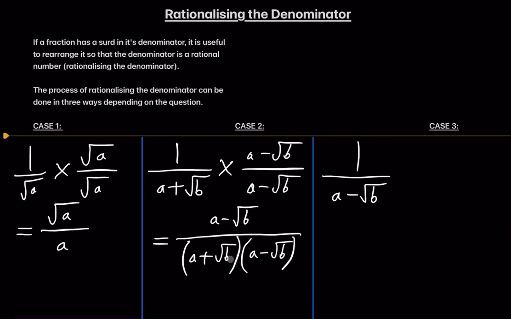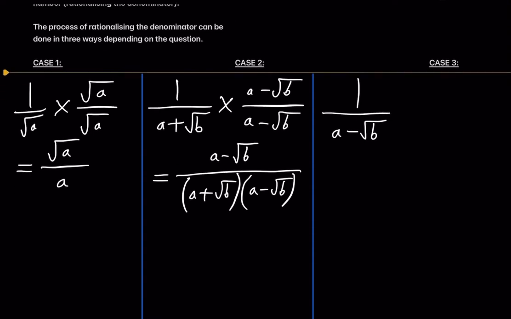And obviously, to expand this, we use the exact same principles we looked at in the second video on this series, and that's expanding the brackets. So basically what we do is we multiply each term in one bracket by all the terms in the other bracket. So we would have to do a times a, a times negative root b, root b times a, and root b times negative root b. I suggest you check out that video if that seems unfamiliar.